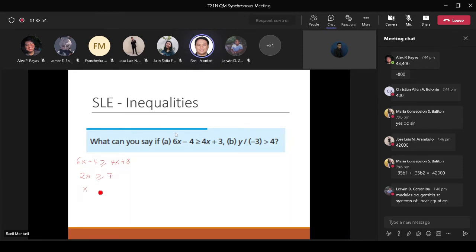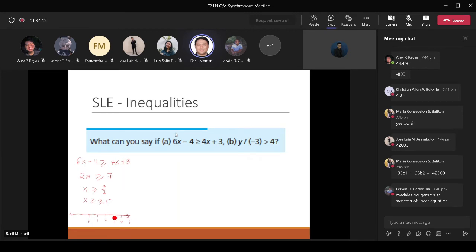Therefore, our x is greater than or equal to 7 over 2, or x is greater than or equal to 3.5. So anong solusyon nito? May number line tayo nung araw, ganyan natin nire-represent. Suppose nandito 0, 1, 2, 3, 4, and this is 5.